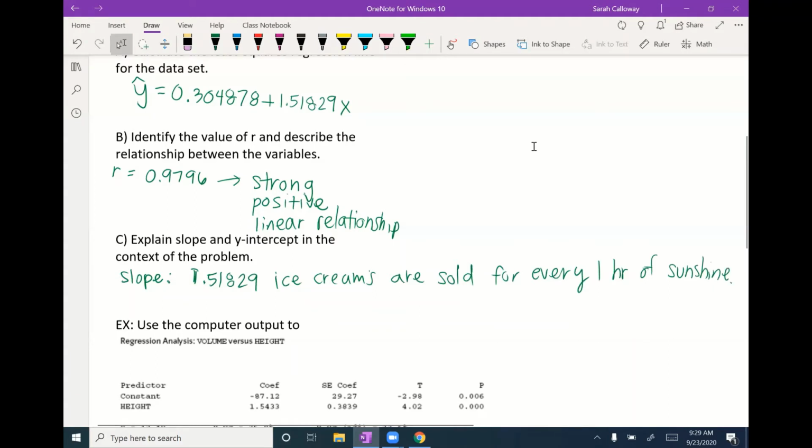And then the y-intercept, remember, is telling us how many ice creams are sold if there is 0 hours of sunshine.